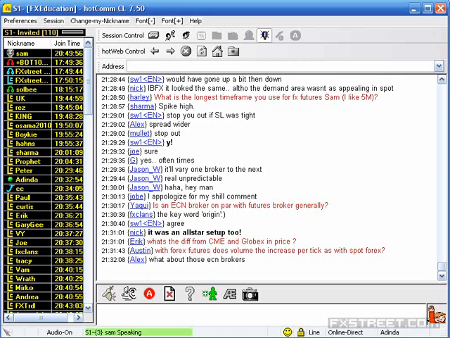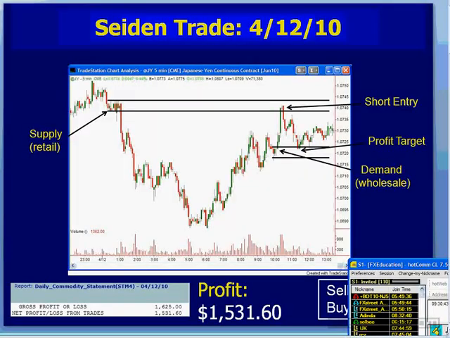Let's see. With Forex futures, does volume increase per tick as with the spot? Again, I don't understand that 100%. I think you may have put one word in the wrong spot. But Austin, if you wouldn't mind retyping that, I'll get to it.